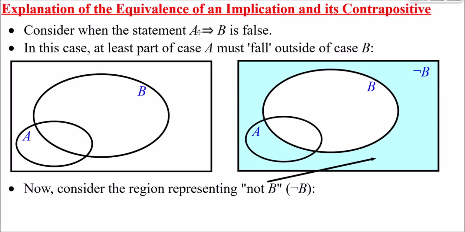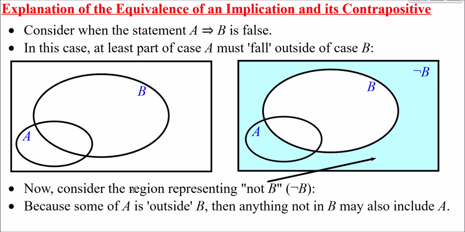The contraposition of A implying B would be not B implies not A. But we can see here that if we look at the region not B, that can't imply not A, because some of A is in this region that doesn't include B. Some of A is contained in not B.